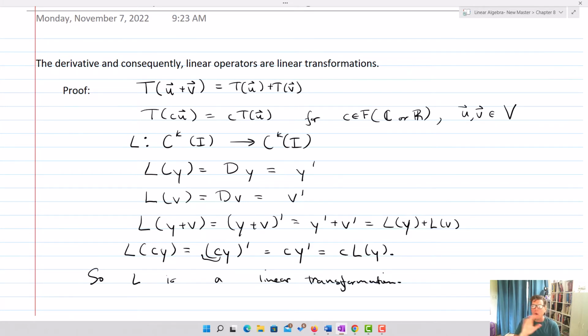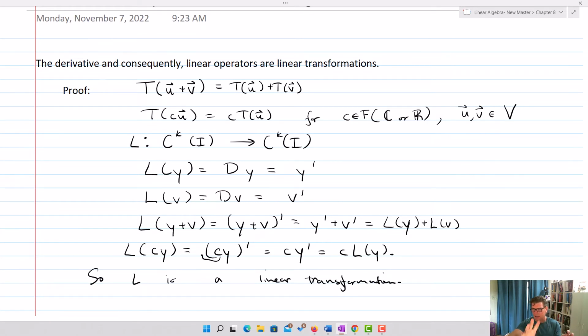Now, all we're going to do with our linear operators is multiply by functions, basically scalar functions, functions of x only, so they operate as just functions. We'll add those functions together, and we're going to multiply them by scalars. So consequently, we can imagine that if you take a general linear operator, not just the derivative, it's going to be a linear transformation.